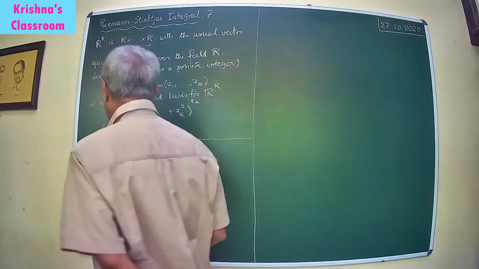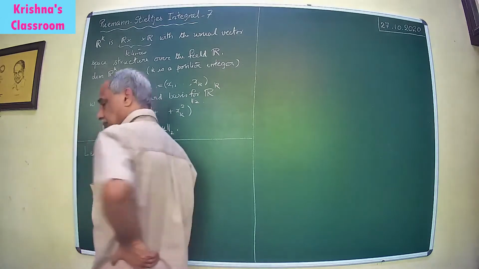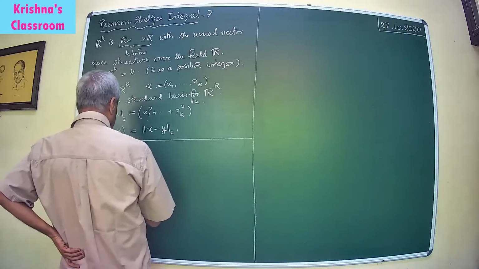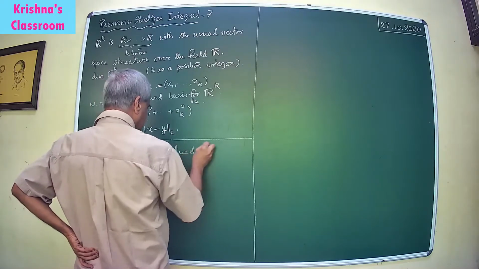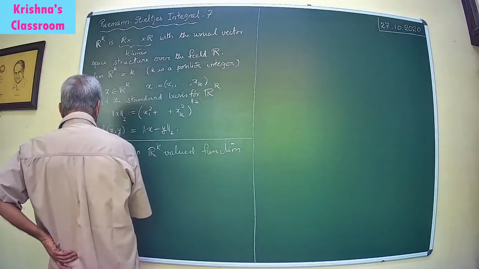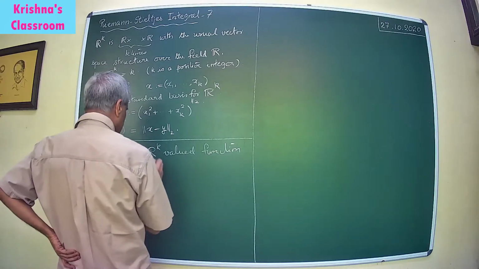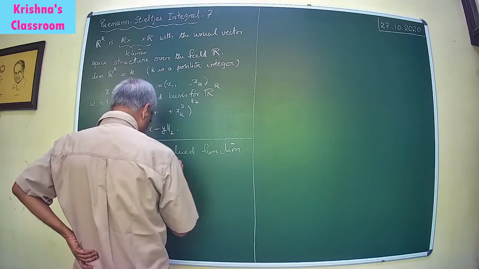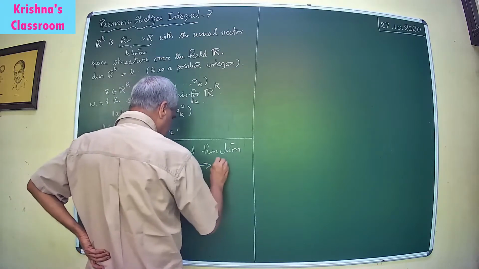Let f bar be a map from an interval [a, b] into Rk.